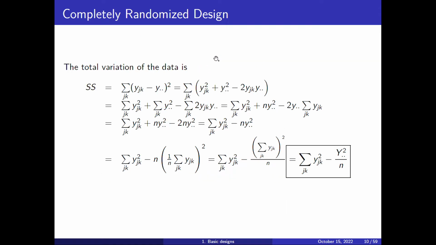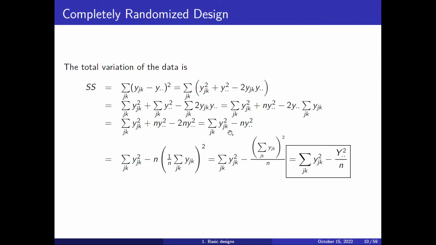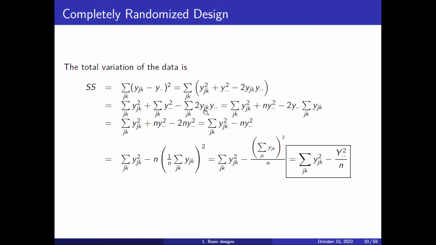This is what is somehow implied here. So the mean of the group minus the overall mean should be the estimate of the contribution of the group. Okay, so this is here, and the associated variance is this one. So it is just this term.